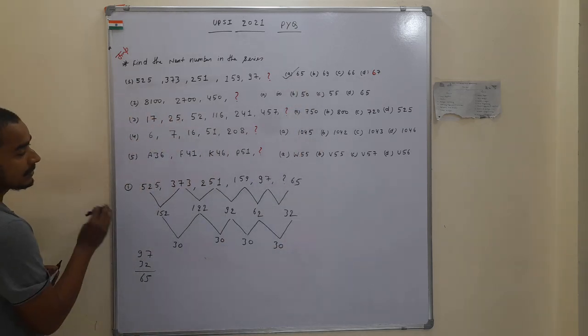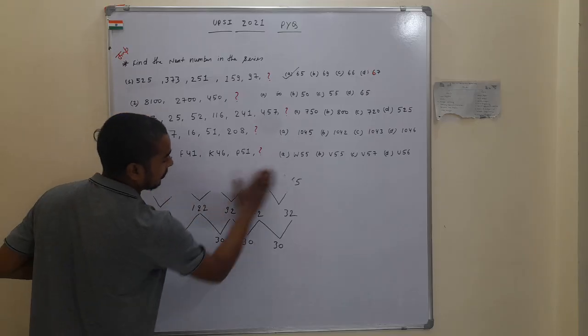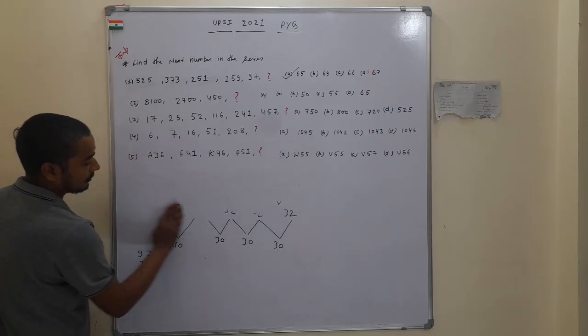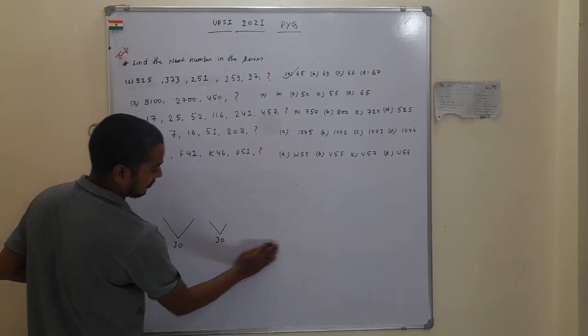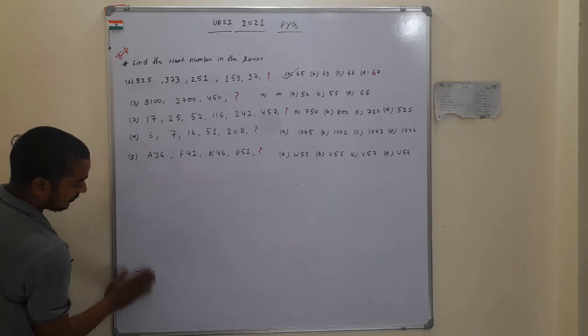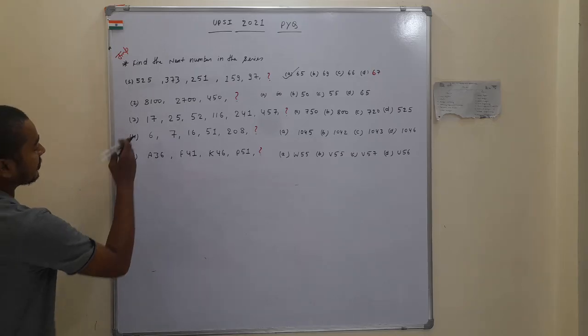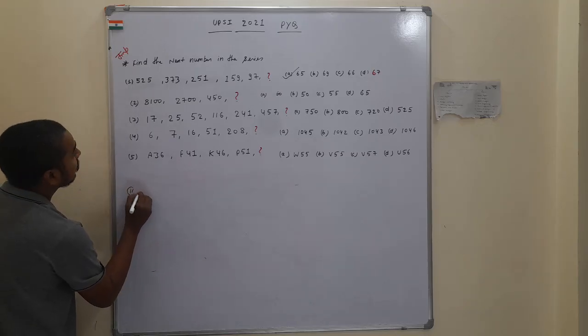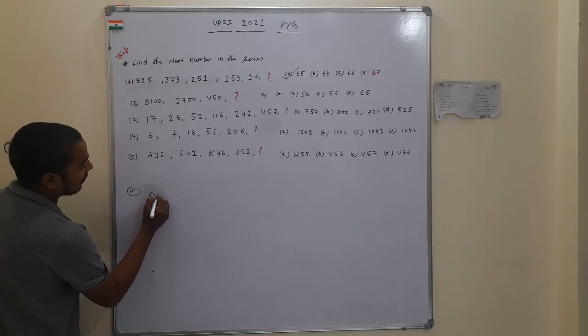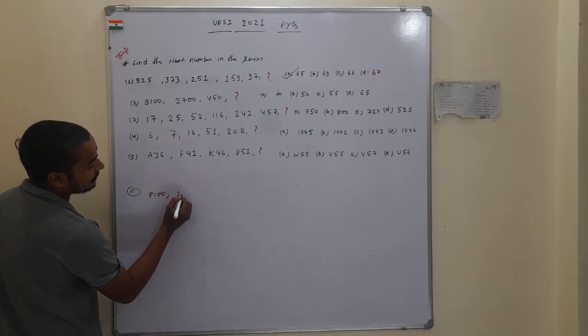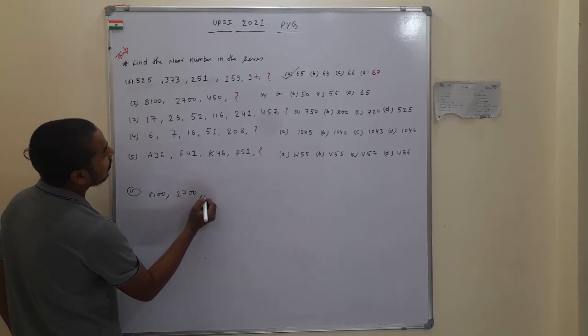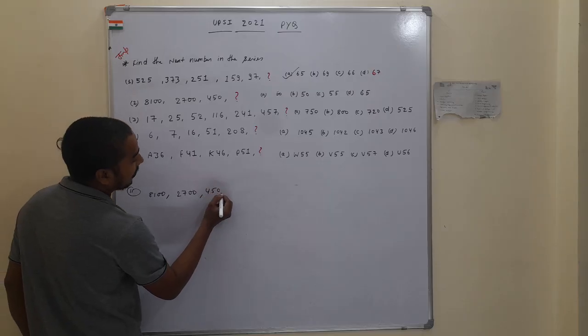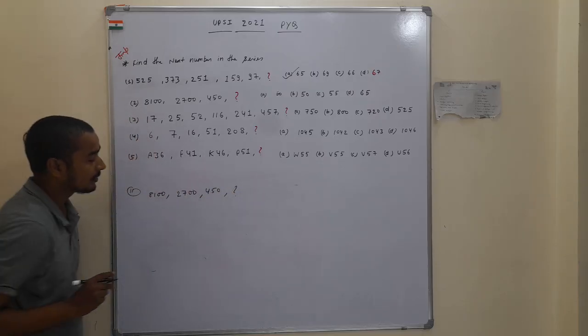Similarly, we solve the second. The second series is given here: 8100, 2700 and 450, and at the end is the question mark.